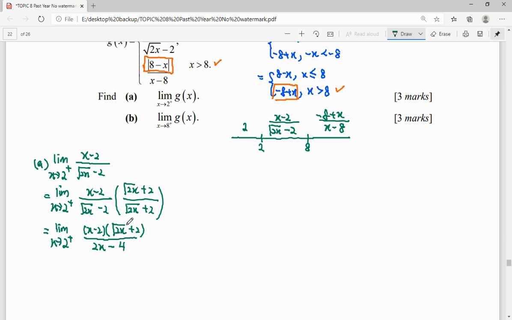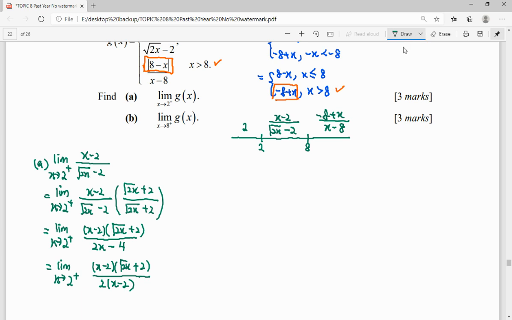So we can notice we can simplify our function. We factorize out the 2. Normally when we multiply with a conjugate, we only simplify the conjugate part. For the other parts, we leave it in factor form.